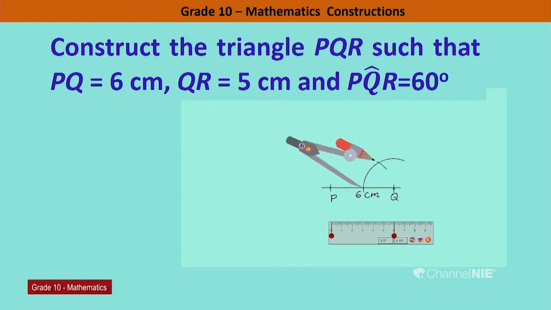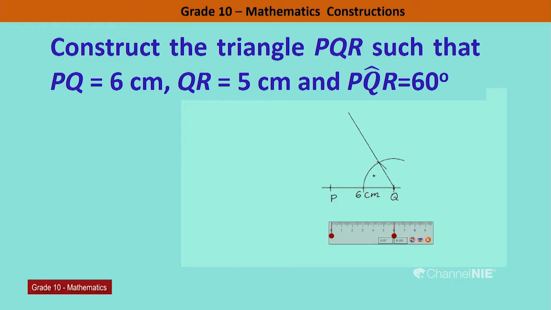Here we found a new point, so that is the 60 degree. Let us join that two points. Here we have found 60 degree angle.